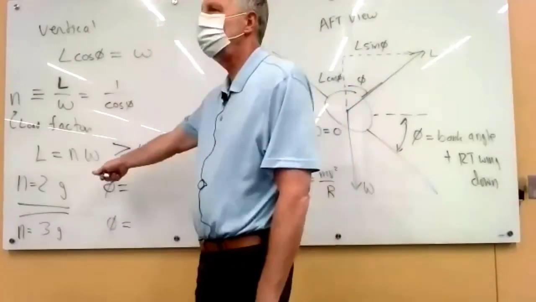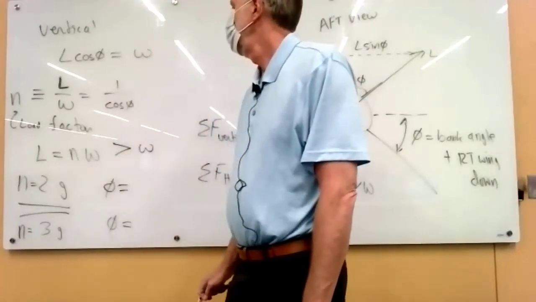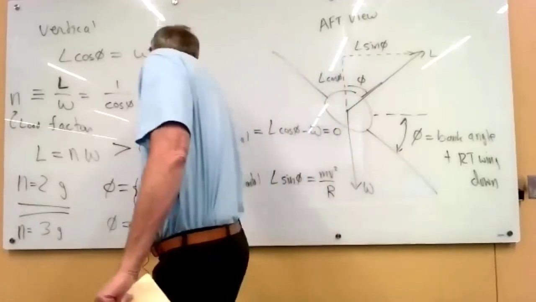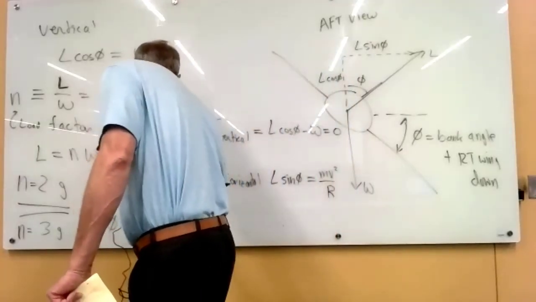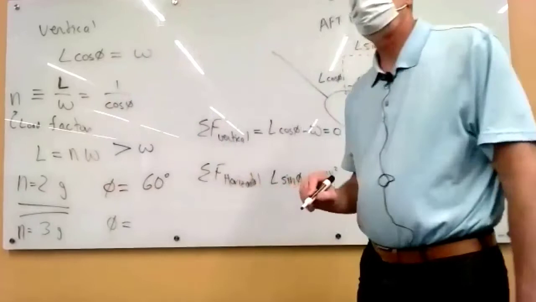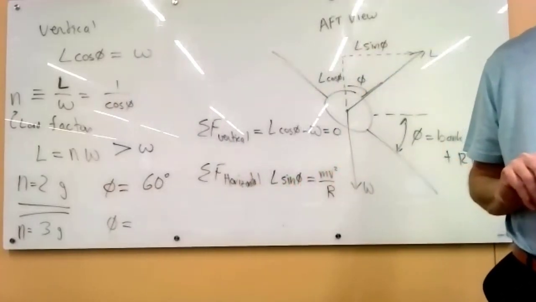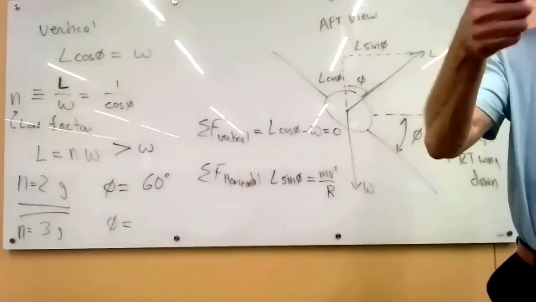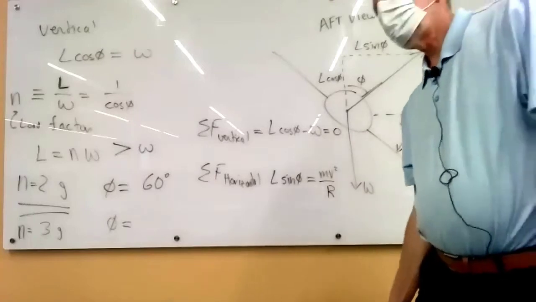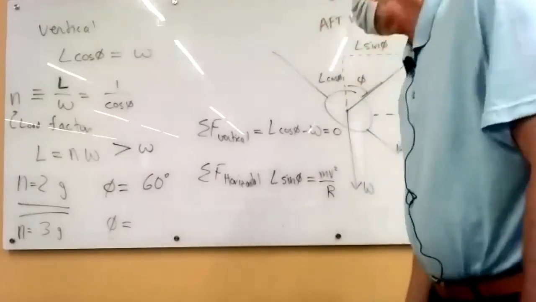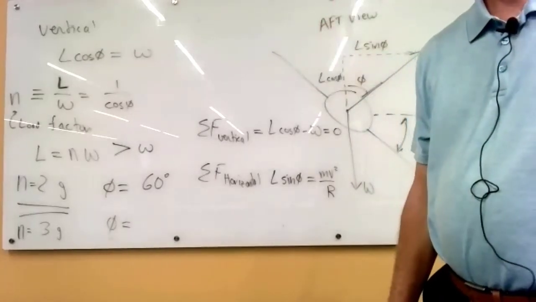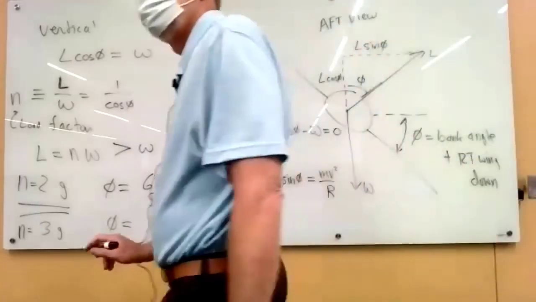What do you get for 2? 60 degrees. Wow, that's a pretty big bank angle, isn't it? Just to pull 2 G's. It's true, you got the right number. But you're banked way over. How about 3 G's? 70.5.